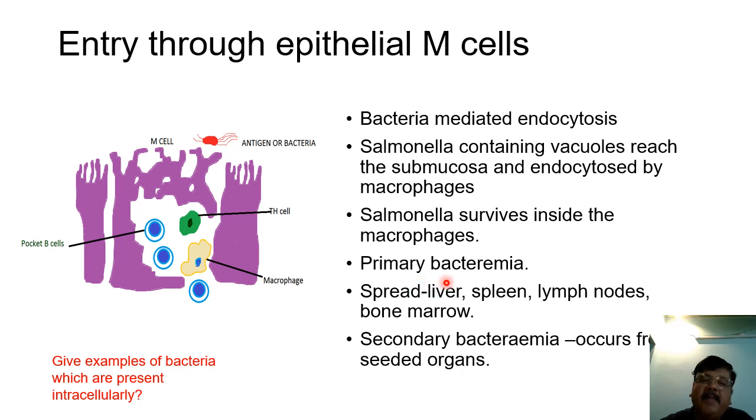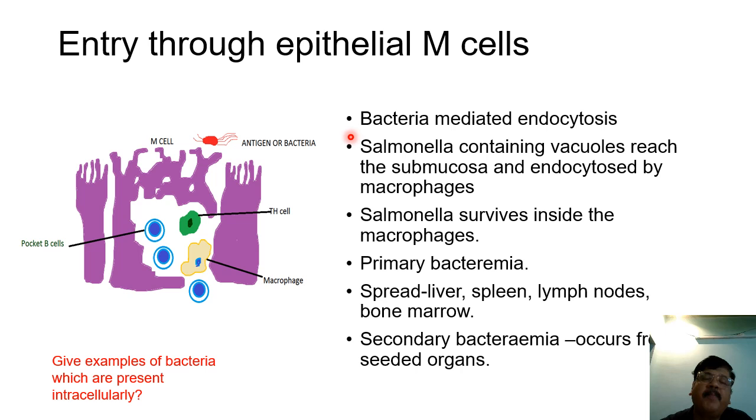After primary bacteremia, they spread to the liver, spleen, lymph nodes, and bone marrow, and multiplication of Salmonella occurs in those places. Then there is secondary bacteremia, and Salmonella gets seeded into various other organs.